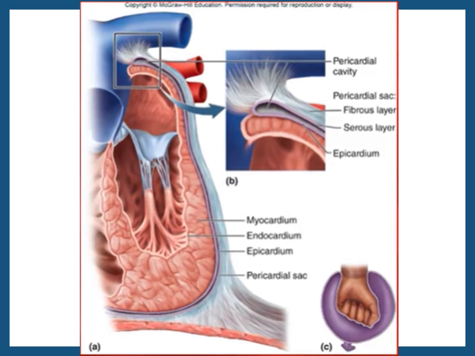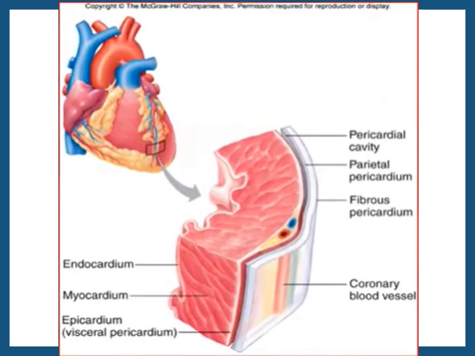When talking about the heart layers, it's referred to as the epicardium. And if we're talking about those body cavities, or if we are talking about the pericardium, it will be referred to as the visceral pericardium, but it is the same layer.